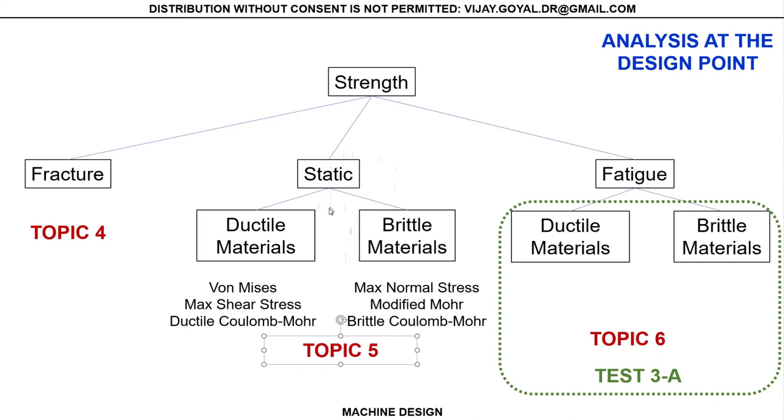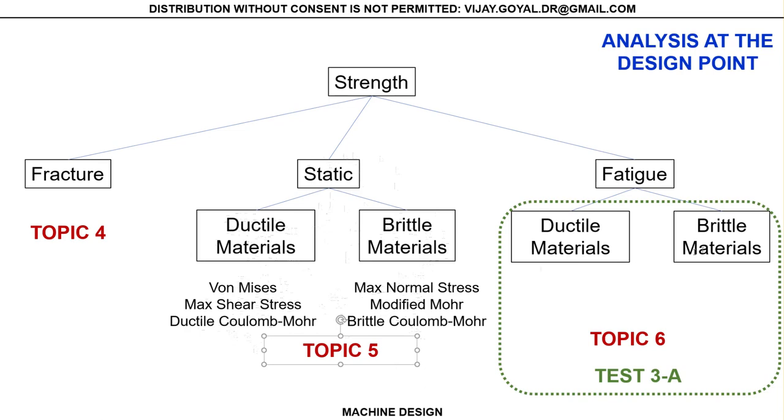In the static loading, we're going to talk about ductile materials and brittle materials. In ductile materials, we're going to have 3 different theories. For brittle materials, we're also going to have 3 different theories. And we're going to learn when to use one, when to use the other. These can only be used for ductile, and these can only be used for brittle.